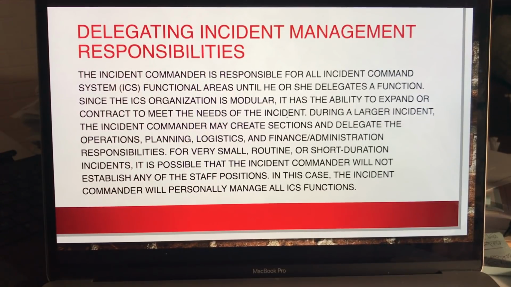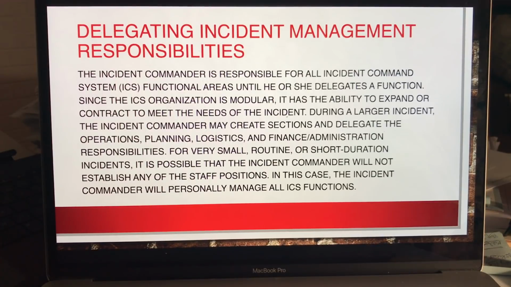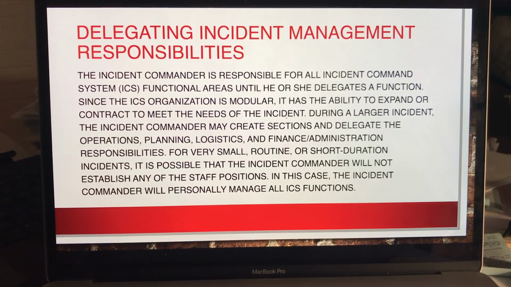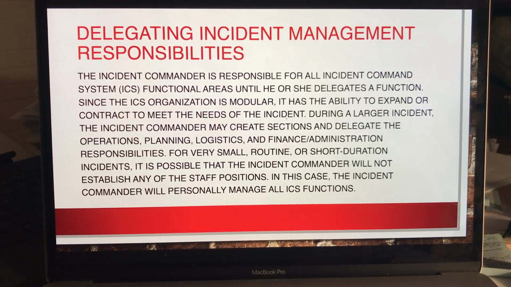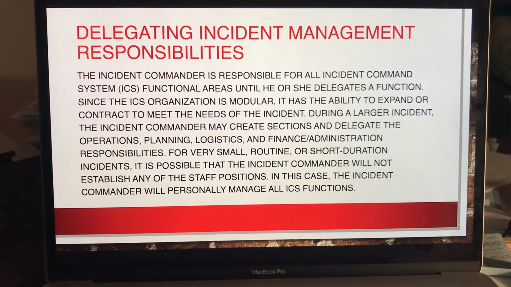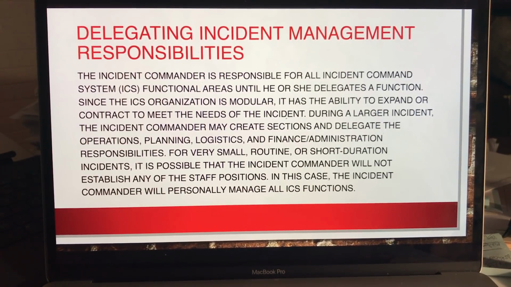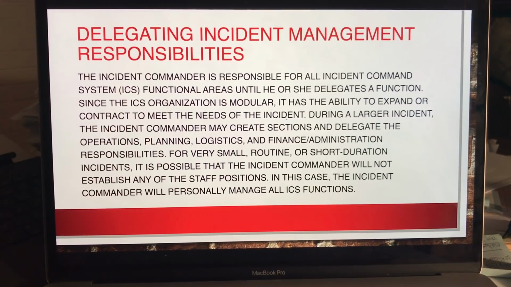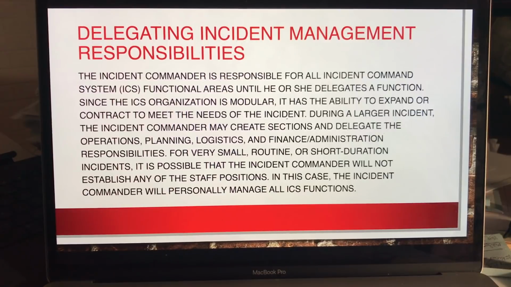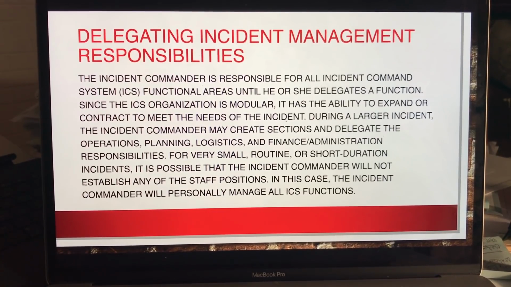During a larger incident, the incident commander may create sections and delegate the operations, planning, logistics, and finance administration responsibilities. For very small, routine, or short duration incidents, it's possible that the incident commander will not establish any of the staff positions. In this case, the incident commander will personally manage all ICS functions.